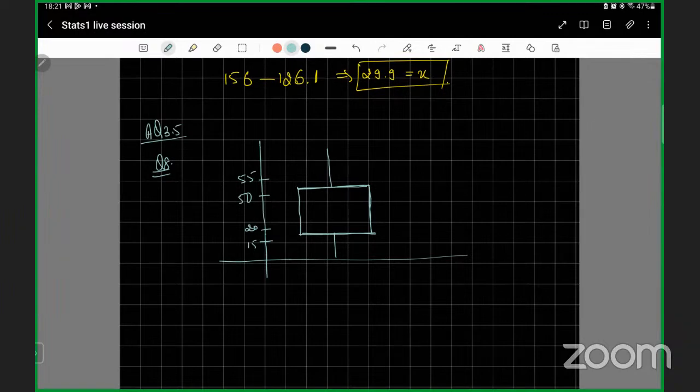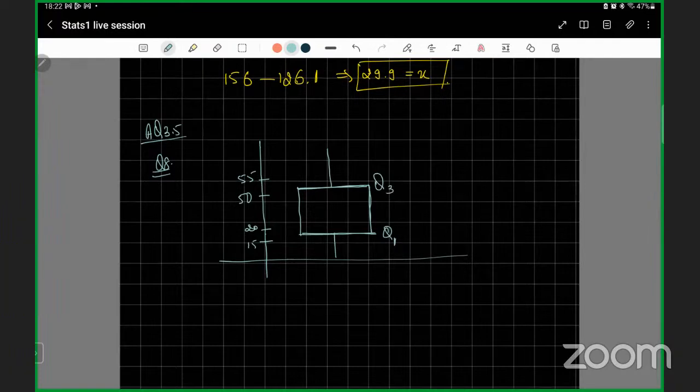So what is the first quartile? 25%. Okay. In this case, if you look at the options, the options say 25, 52, 19, 68. And in this box plot, this will be your Q1, right? And this will be your Q3. You know that, right?